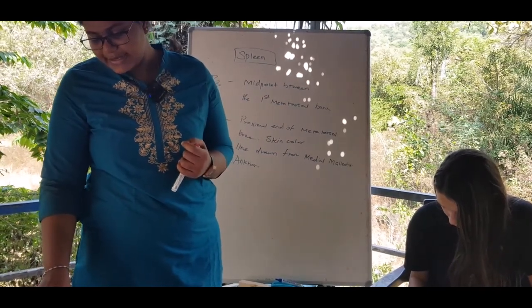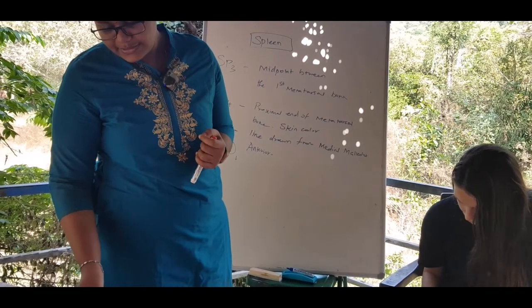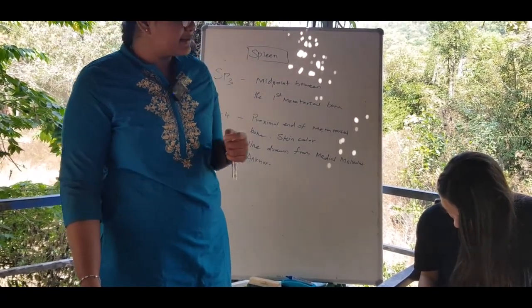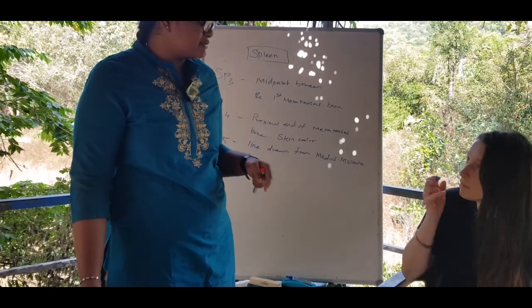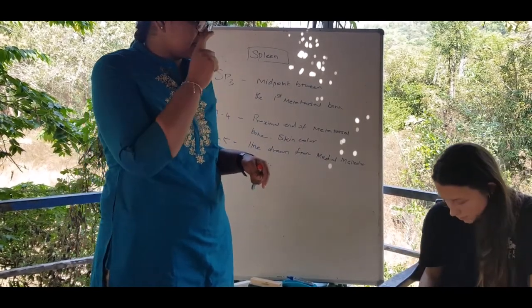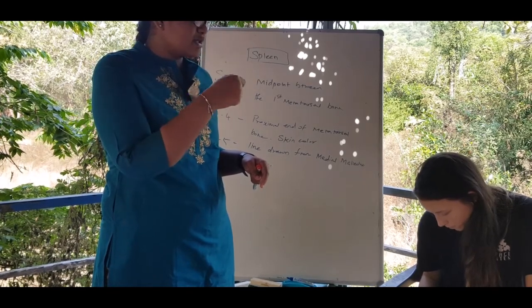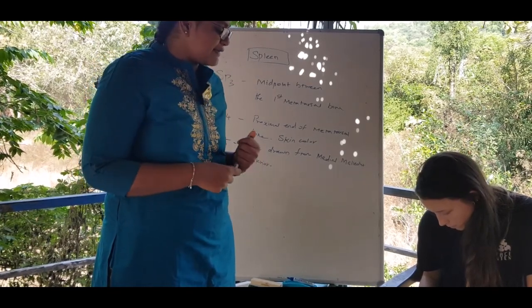It is located at the level of the 5th intercostal space, like 1 tune below the nipple. Because the nipple is located at the 4th intercostal space, if you take 1 tune below that, that is spleen 17.